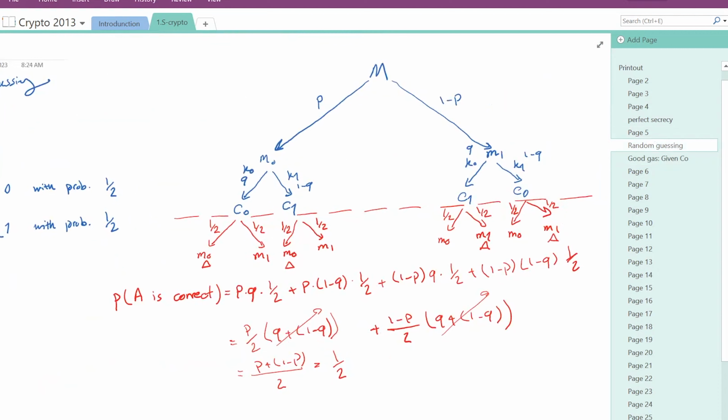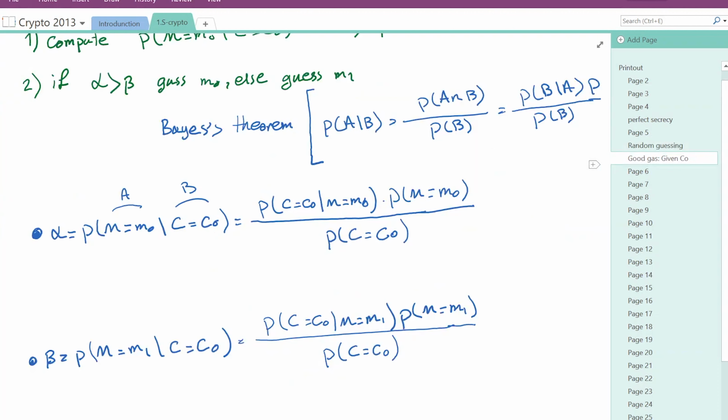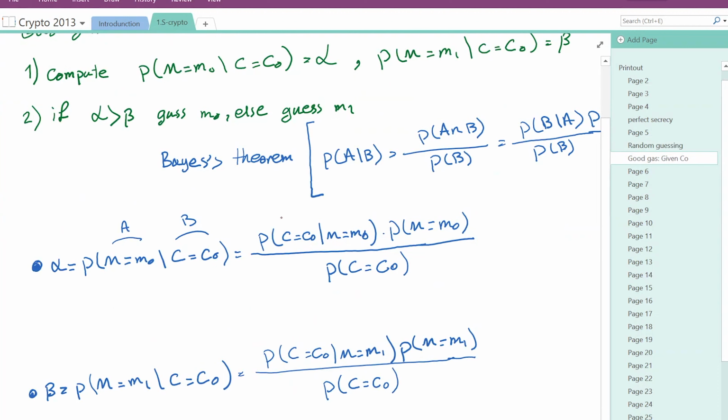We know that M is M0, and now C is actually C0. With what probability from M0 do we get to C0? The only way is that the key is equal to K0, right? So the only way that this line can happen is when the key is selected to be K0.